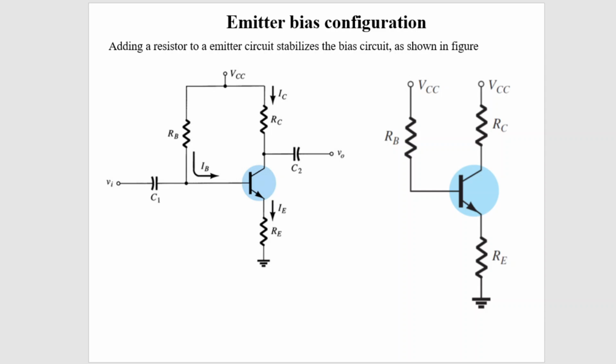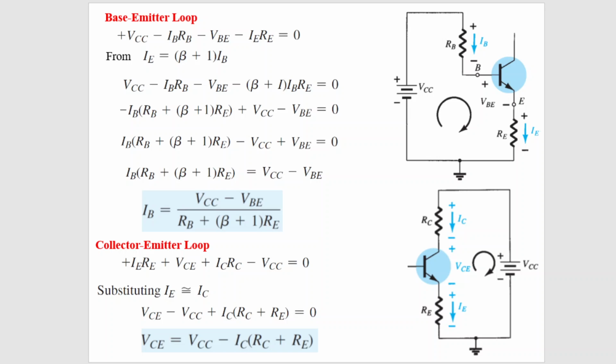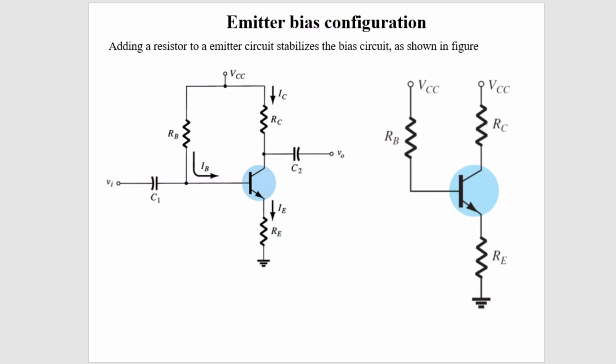So if we do the analysis with respect to fixed bias configuration, for the emitter bias configuration, if you draw the circuit diagram, the negative end of the power supply is grounded, so this ground and this ground are the same point, and you can make a wire, something like that.